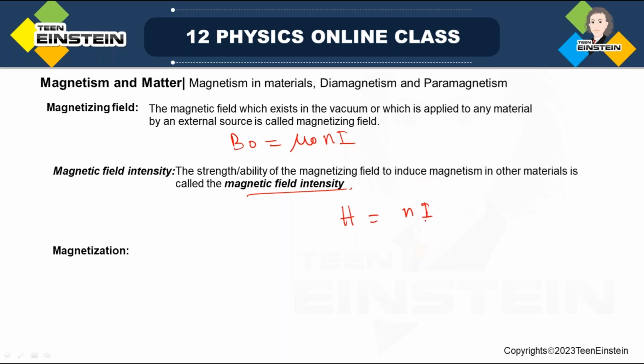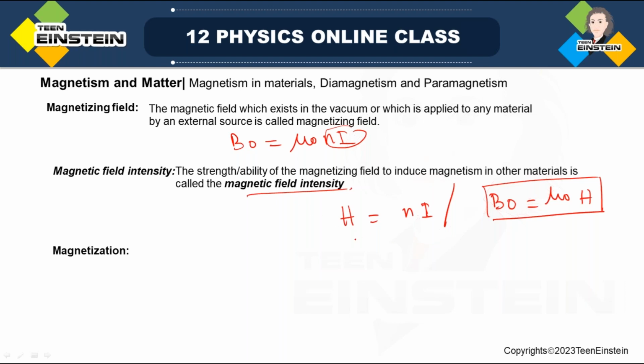If I put it here, we get a relationship between B0 and H: B0 is equal to mu0 into N I, that means mu0 H. So this is the relation between magnetizing field and magnetic field intensity. Now H is in ampere per meter.